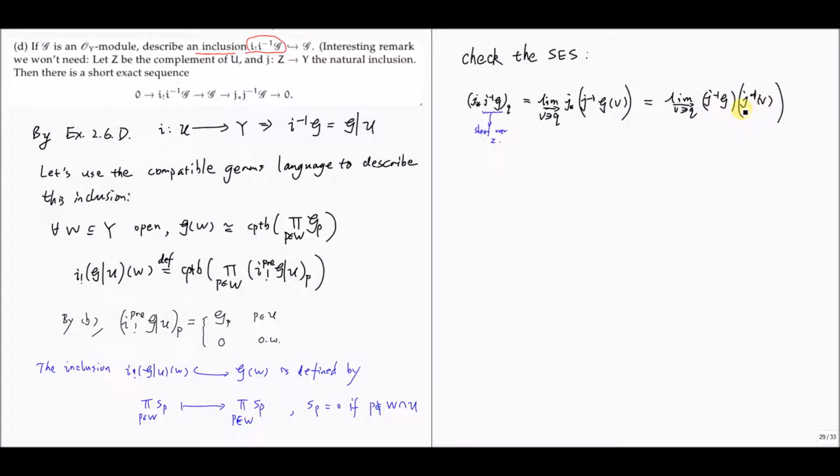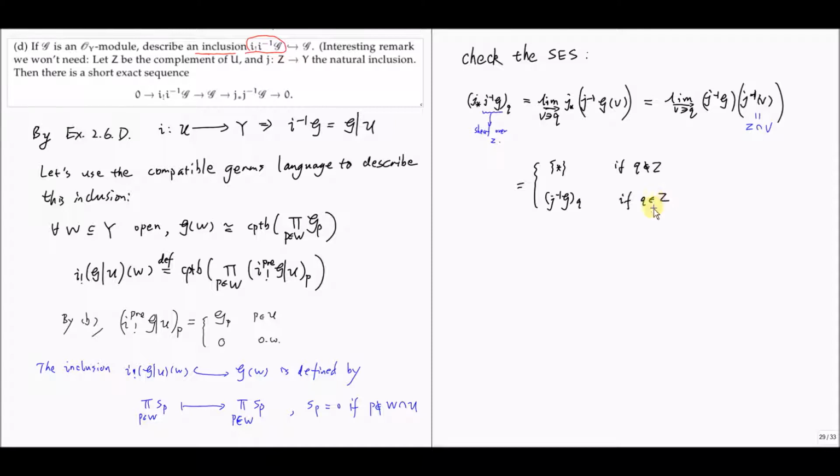But j is an embedding from the complement of U into Y, so this is really equal to the intersection of V with Z. We have already seen how to deal with this before. It will be equal to the one-point set if Q is not in Z, and the stalk of j^{-1}G at Q if Q is in Z.